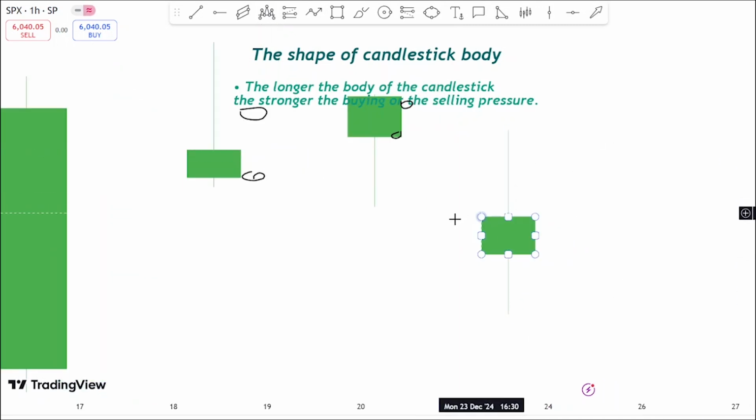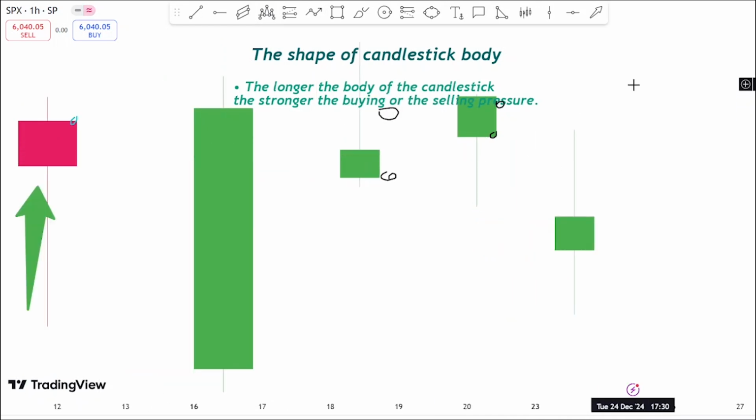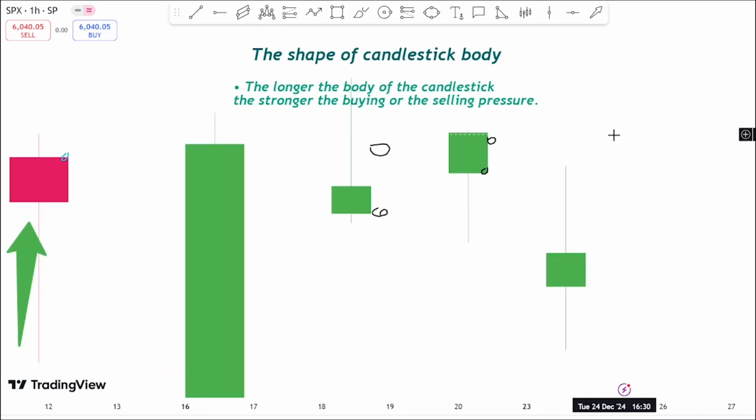So this time this is an indecision from the market. We don't know who is dominating this time because the sellers pushed down and even the buyers pushed up with the same pressure. So that is how these candlesticks end up forming the different shapes and indicating the different direction of the market.